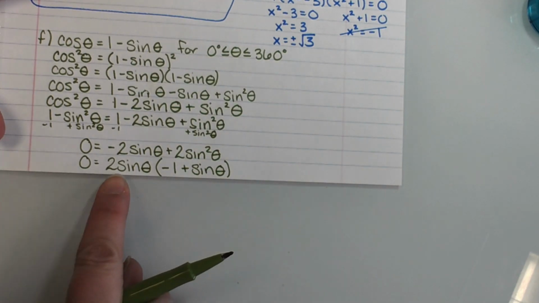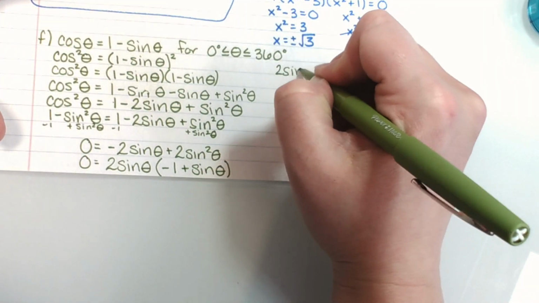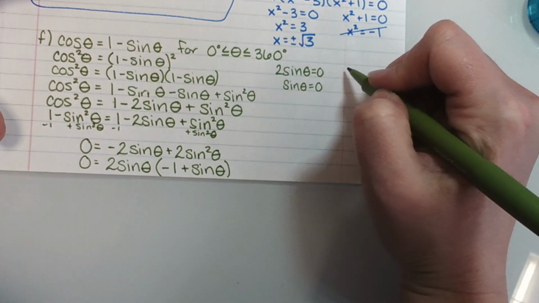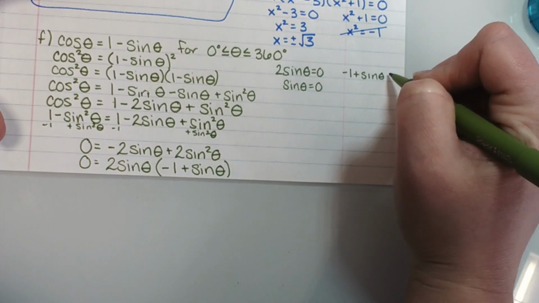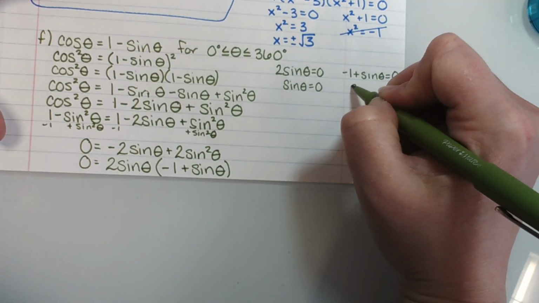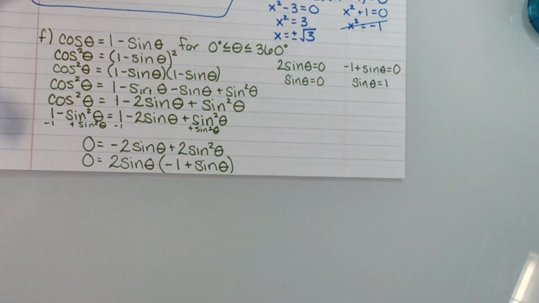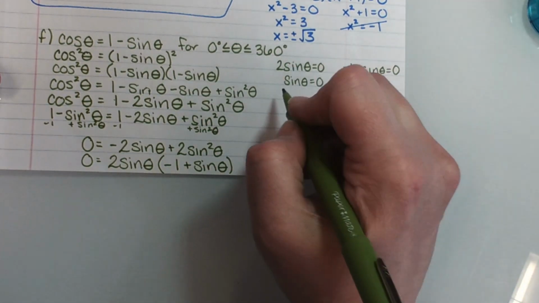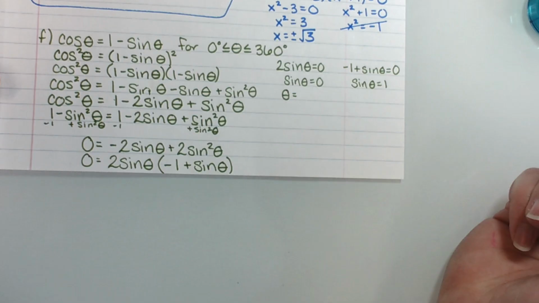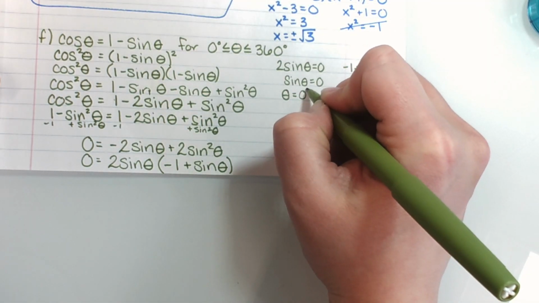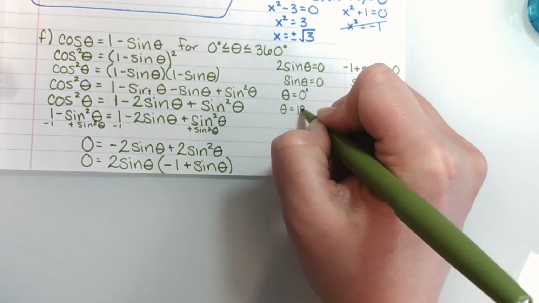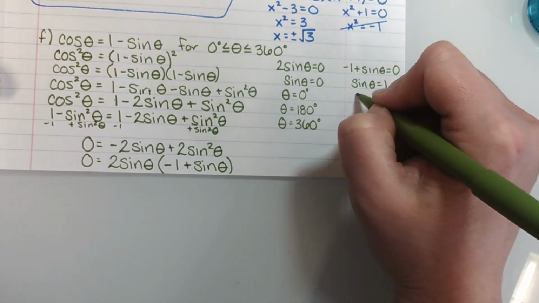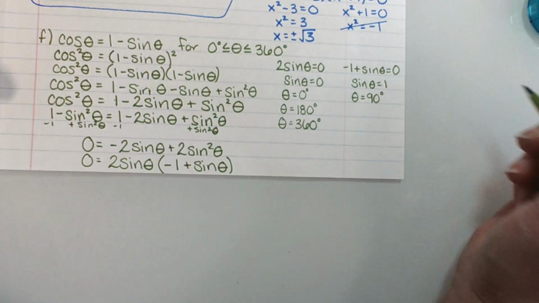And I split. 2 sine of theta equal to 0 means sine is 0. -1 plus sine of theta equal to 0. Add the 1 and sine of theta is equal to 1. Between 0 and 360, sine is 0 at 0 degrees, 180 degrees, and 360 degrees. Sine is equal to 1 at 90 degrees.